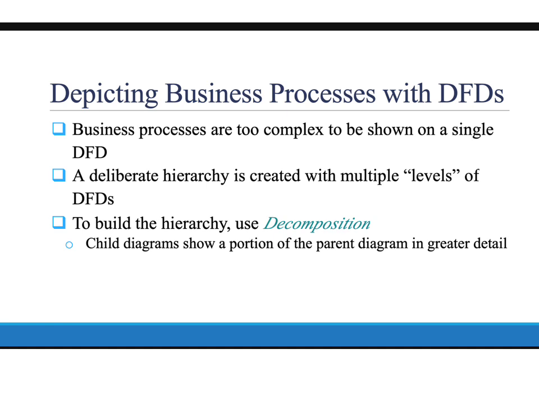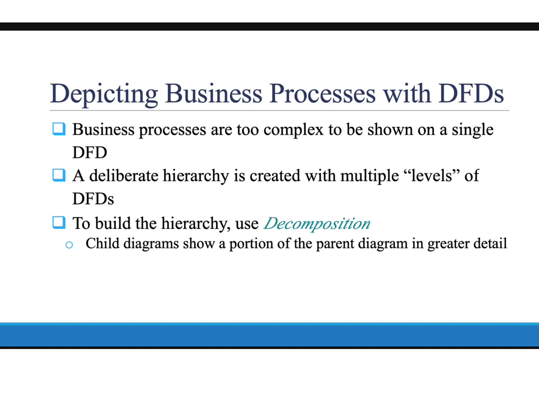Now, how do we depict a business process using a data flow diagram? It is very complex to use one data flow diagram to represent an entire system being modeled. So it's usually a good practice to decompose it, break it into levels for better understanding.